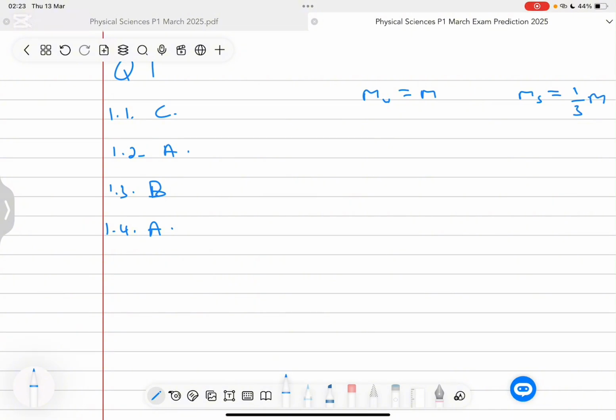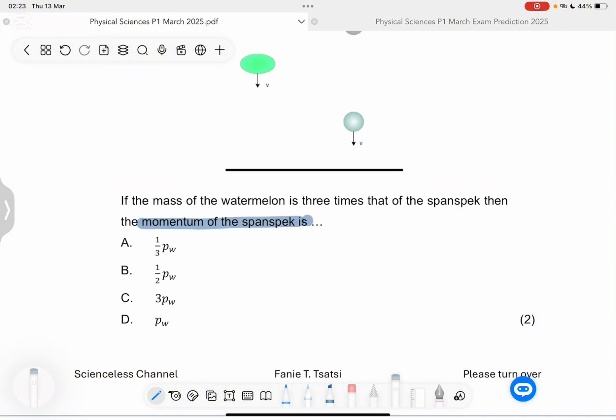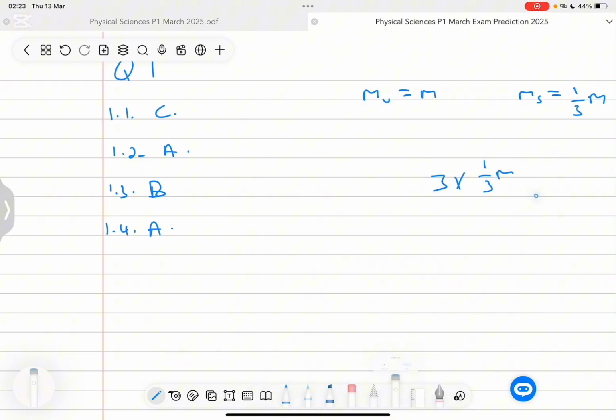Because remember, if I take 1 over 3 m, which is the mass of the spanspeck, and I multiply it by 3, remember we said here that the watermelon has 3 times the mass of the spanspeck. That means if I multiply this mass of the spanspeck by 3, I'm going to get the mass of the watermelon. And you can see that the 3 and the 3 cancel each other so that I have m.